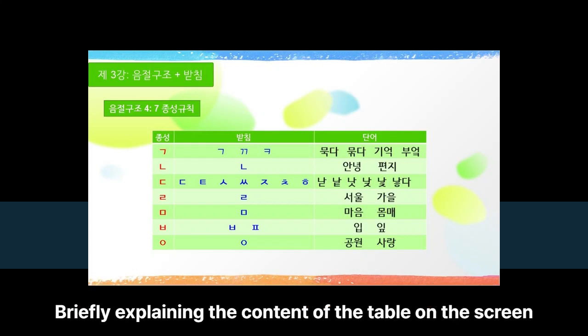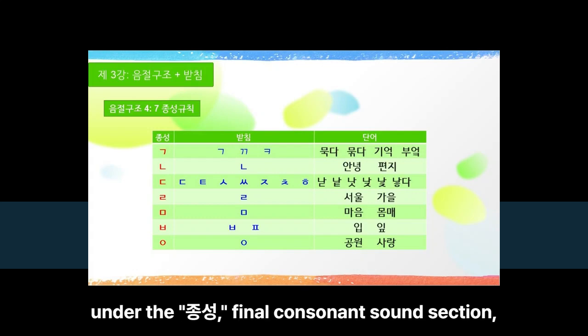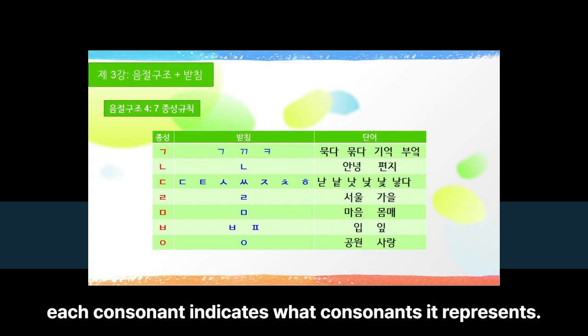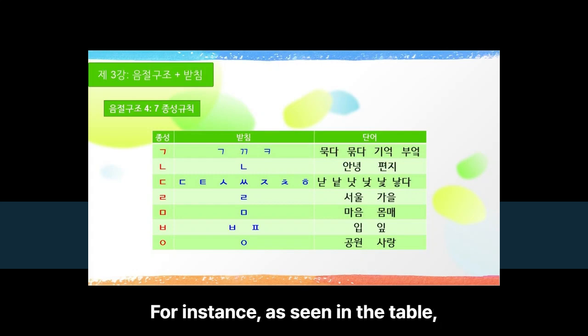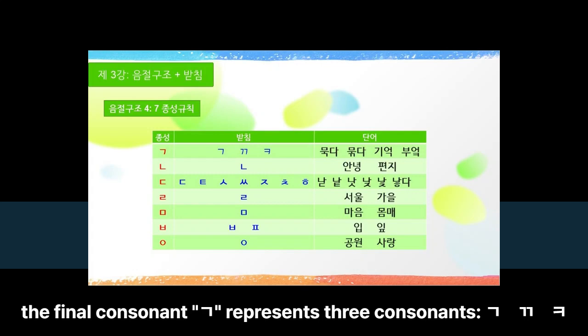Briefly explaining the content of the table on the screen, under the Jongsung, final consonant sounds section, each consonant indicates what consonants it represents. For instance, as seen in the table, the final consonant, gyok, represents 3 consonants, gyok, songyok, and kiyut.